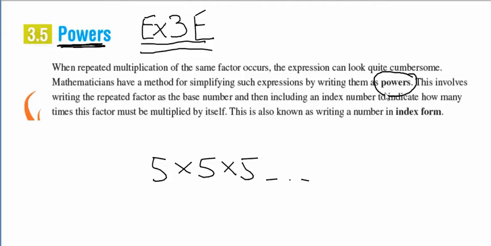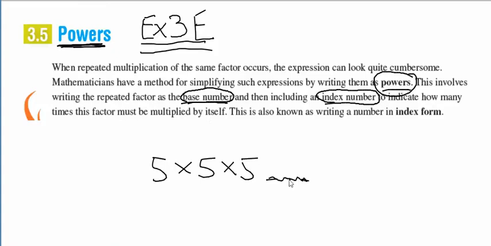Here are some key words you need to get your head around. This involves writing the repeated factor as the base number, and then including an index number to indicate how many times this factor must be multiplied by itself.